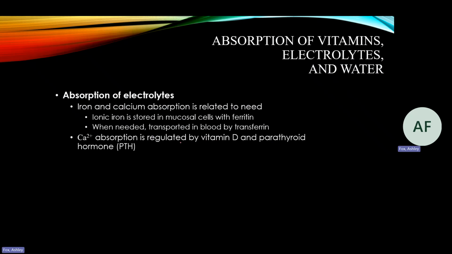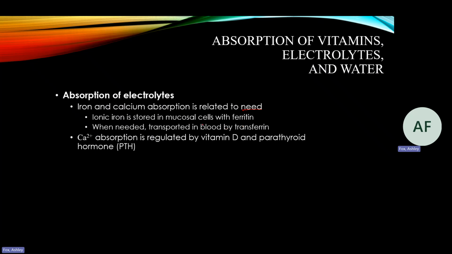Iron and calcium absorption again is related, but not necessarily having all the absorption. The electrolytes like sodium and potassium are going to be absorbed. Iron and calcium are going to be based on whether we need it or not. Iron as an ion actually can be stored in cells, and then it needs to be transported as transferrin because it is damaging if it's just free iron.